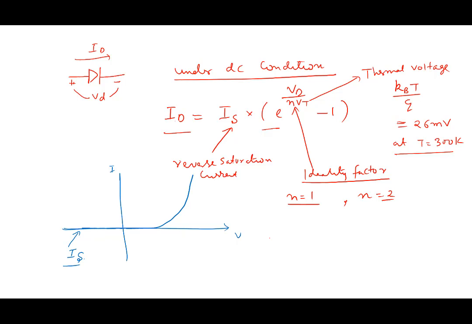IS. Because if you put VD equal to a large negative value, the exponential goes to a negligible value, and the current here is IS. So the I versus V looks like this. This is exponential, an exponential curve.